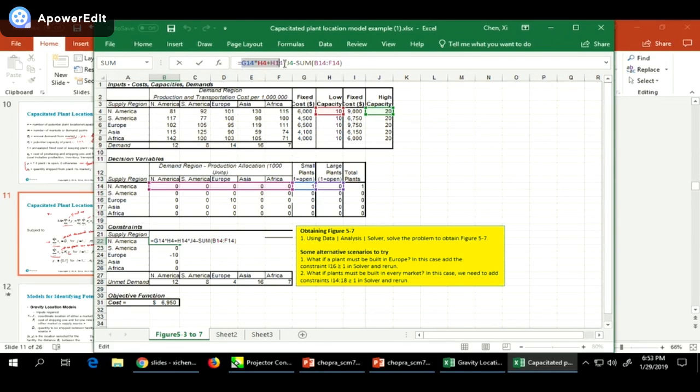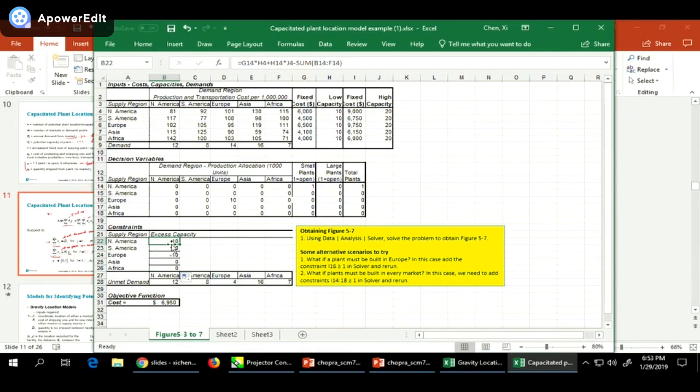Right, so this is the total capacity minus the total production of, say, North America, which is the excess capacity. Right? Alright, so we do the same for all the rest.